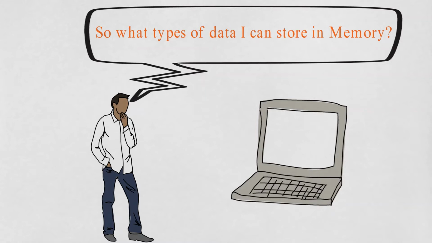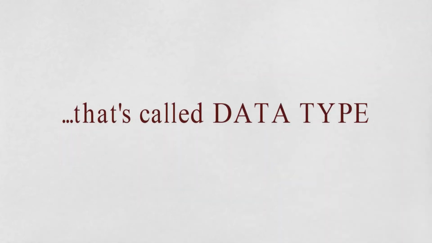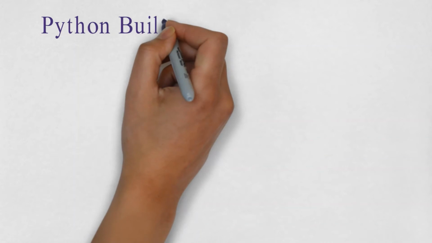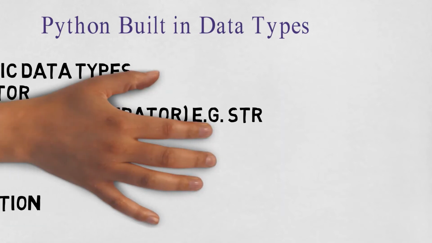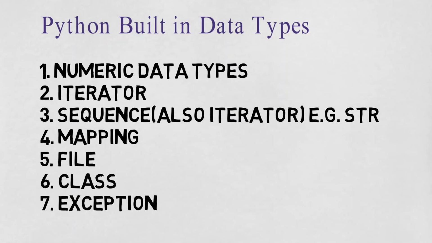In the simplest of terms, the type of data that we store or in general use inside Python is called the data type concept. Likewise, there are different types of data that Python allows the user to use while coding. So here is the list of Python built-in data types that are supported by Python.